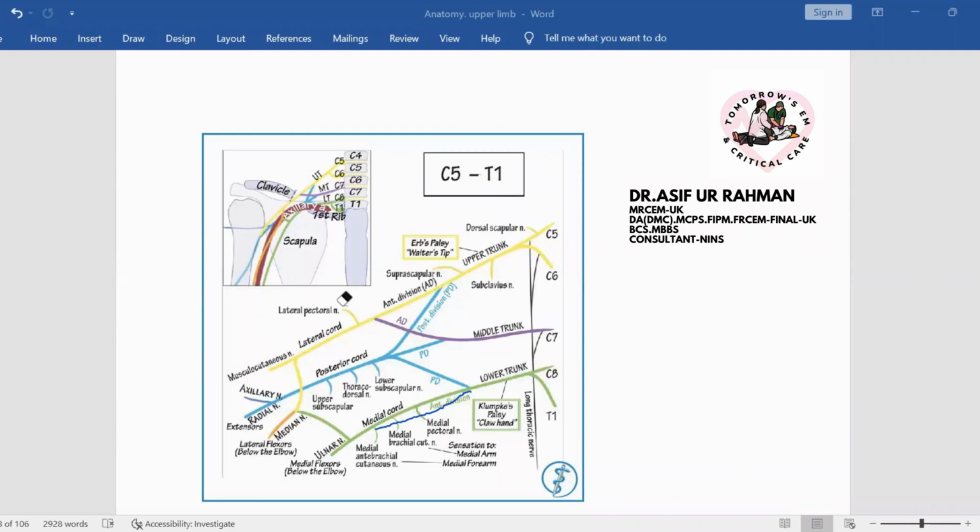Which winging will happen in case of long thoracic nerve injury? Medial winging. We will discuss it later, no worries. These are very important for the exam. When will lateral winging happen? If the trapezius is involved.